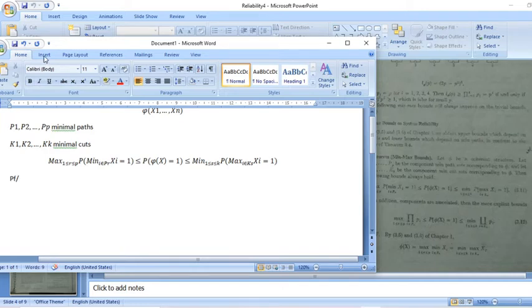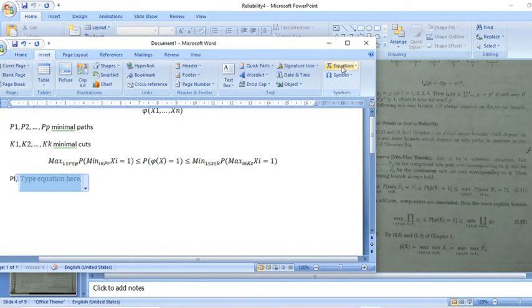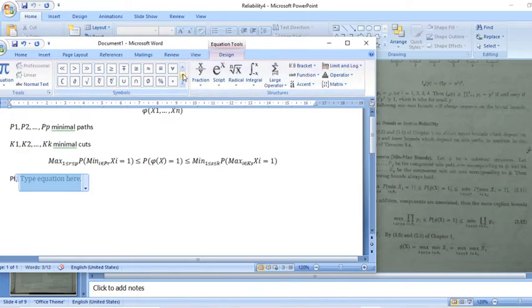You know what phi of x is? Phi of x can be represented in two ways: minimum-maximum, or maximum-minimum.